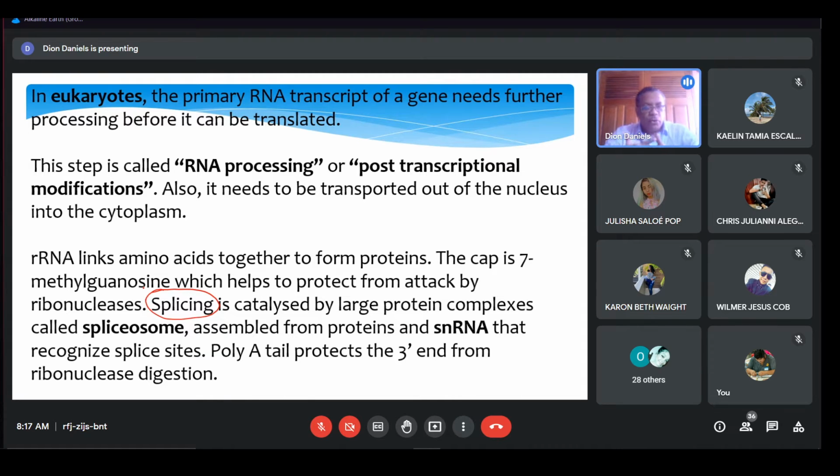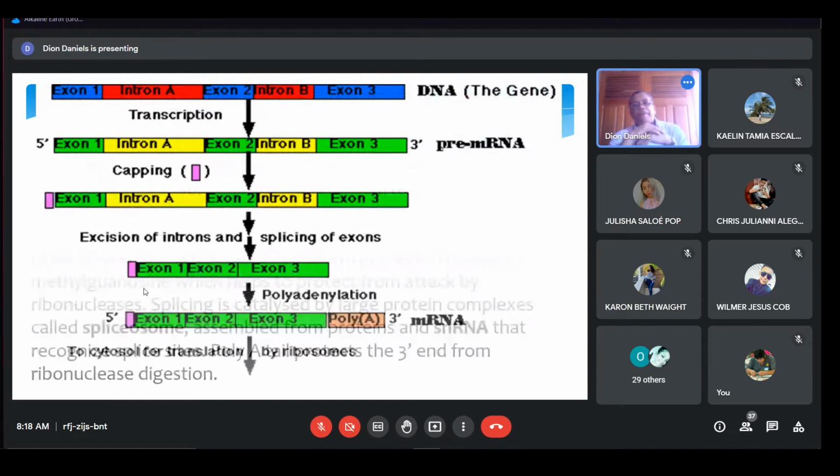And so one of the roles of small nuclear RNA is to recognize these splice sites and know exactly where these molecules should join. The poly-A tail protects the 3' end from ribonuclease digestion. So these are the steps that are involved in RNA processing, and you'll better understand it from this diagram, okay?